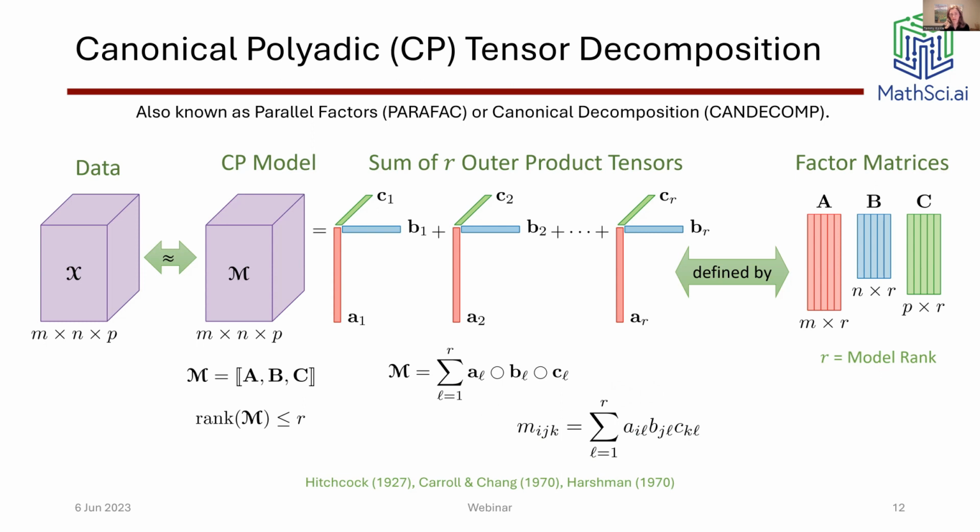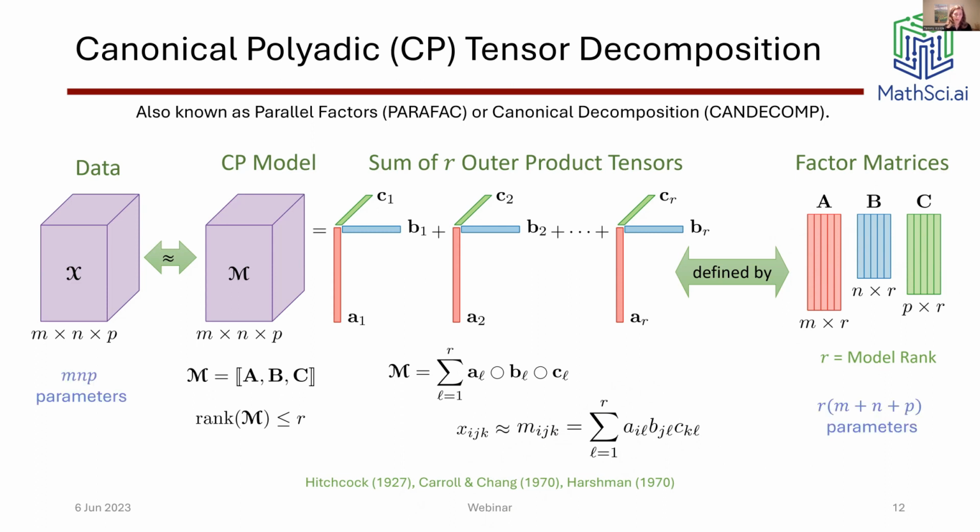Or element-wise, you could just think of M_ijk as the sum from L equals 1 to R of A_iL, B_jL, C_kL. One way that I sometimes think about this is that this is the ith row of A, and then Hadamard product or element-wise product with the jth row of B, and then element-wise product with the kth row of C, and then sum that up. And so we would like X to be approximately equal to M.